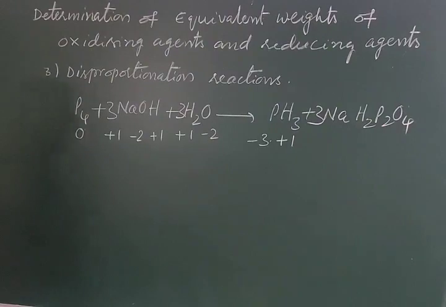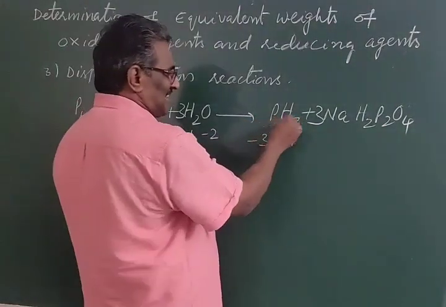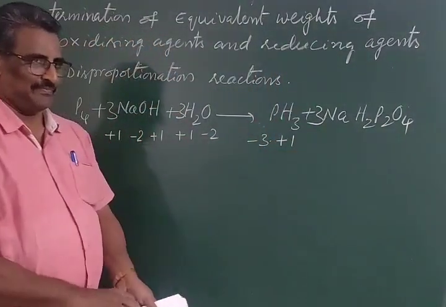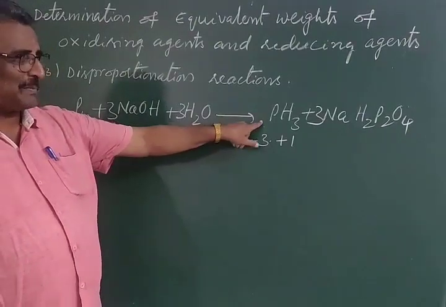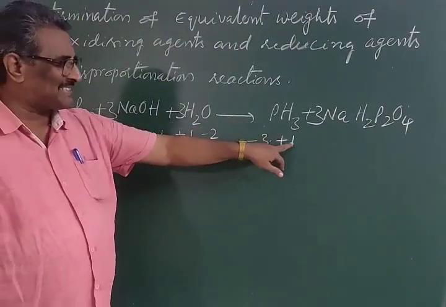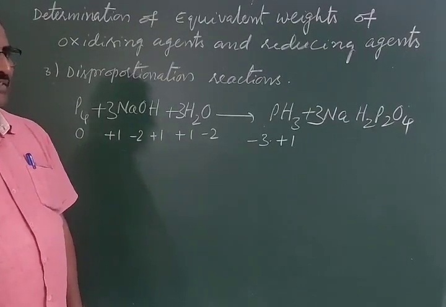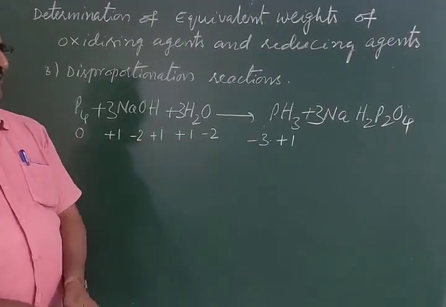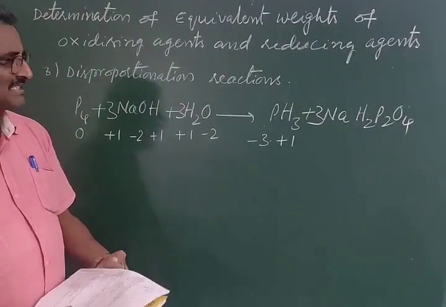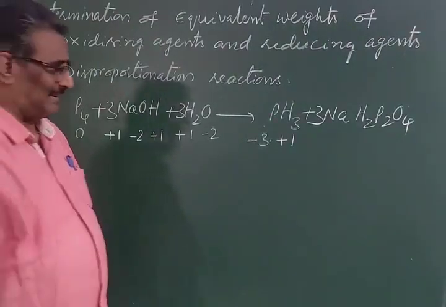Why? The sum of the oxidation states should be 0. Suppose oxidation state of P is X, X plus 3 into +1 should be 0. X plus 3 should be 0. That means X should be -3. Oxidation state of phosphorus is -3.